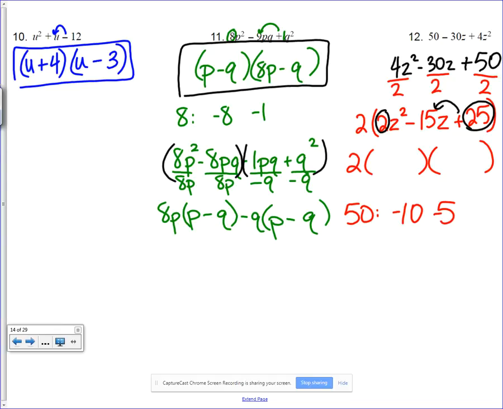All right, do I need to make a 4-term problem? Yes, I do, right? So what will it be? Group them up. What can you take out of the first group?